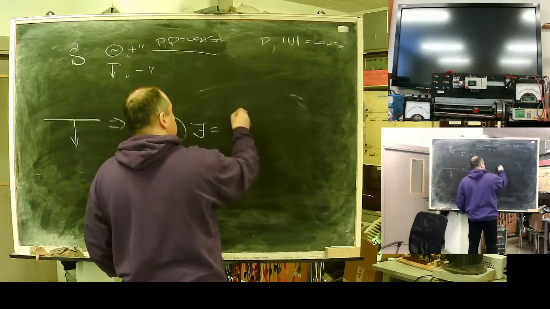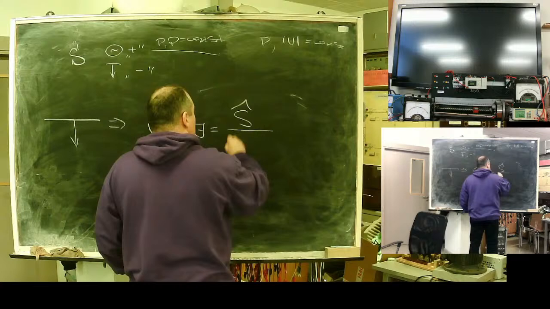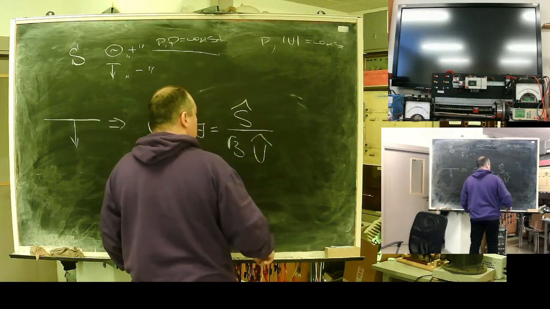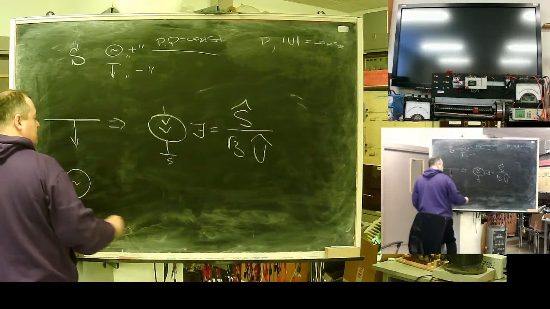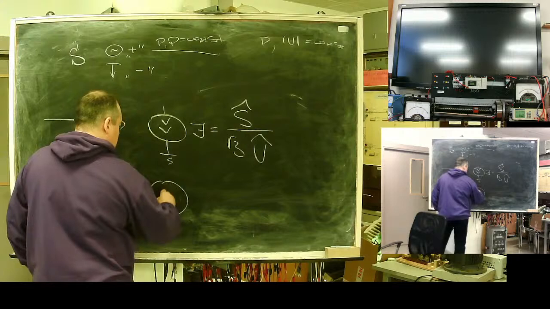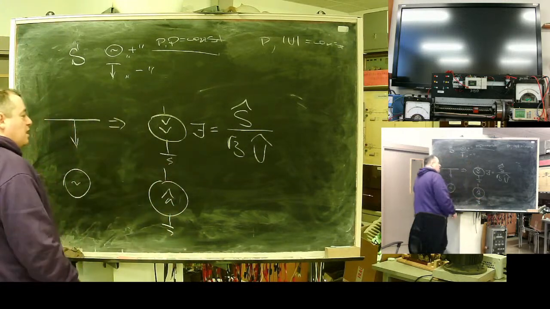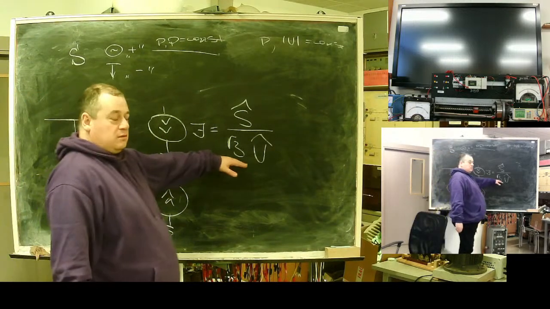Current is conjugated load power divided by square root of 3 times conjugated load voltage. For generators, the same, but the current source will be supplied. Why this?